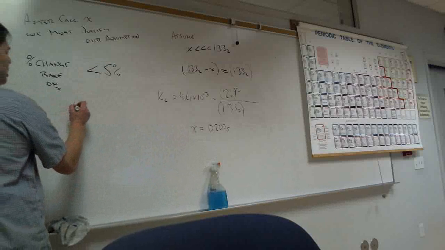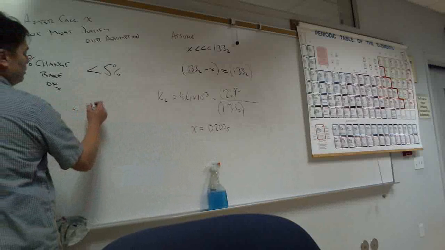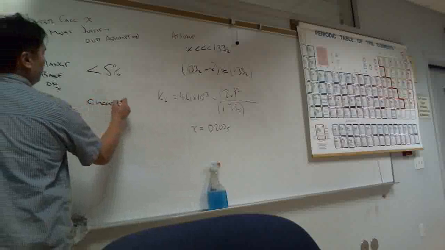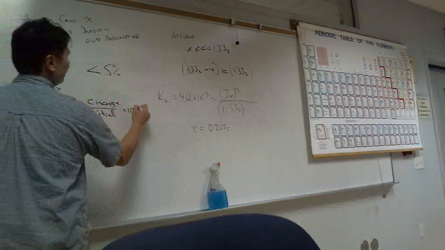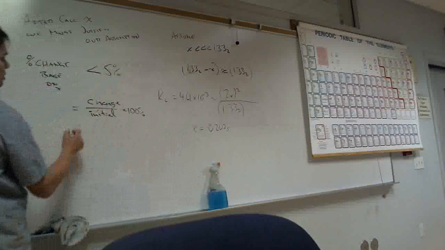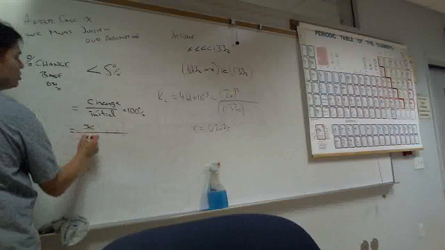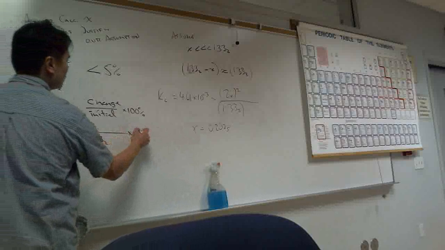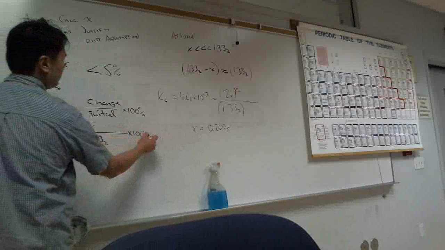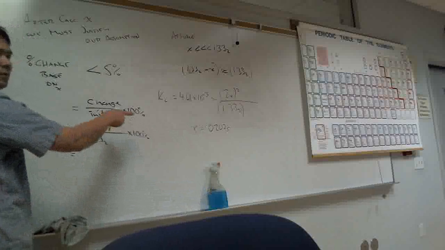And so the percent change is equal to the change over the initial times 100%. Now what is the change in this case? The change is x, the initial is 1.332 times 100%.